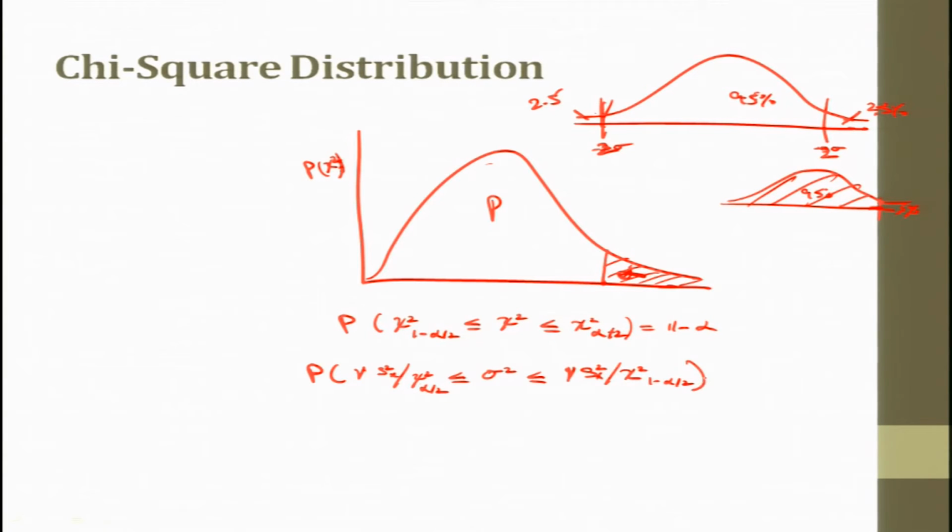This is a general formulation. So, the value of alpha, if it is, let me say, 5%, alpha by 2 will be 2.5%. So, we can consider it for any limits.